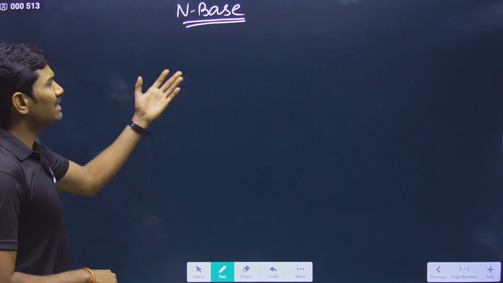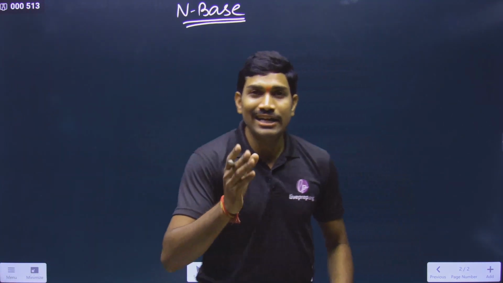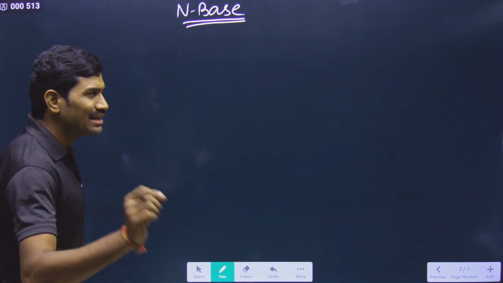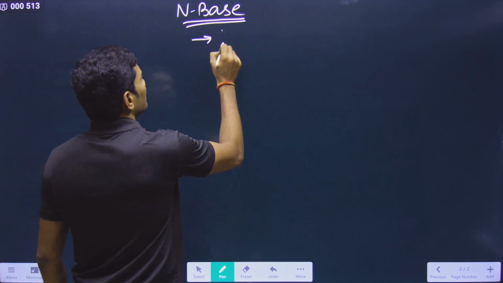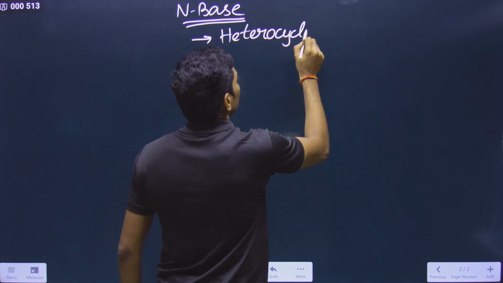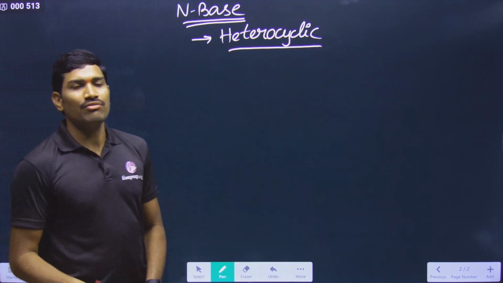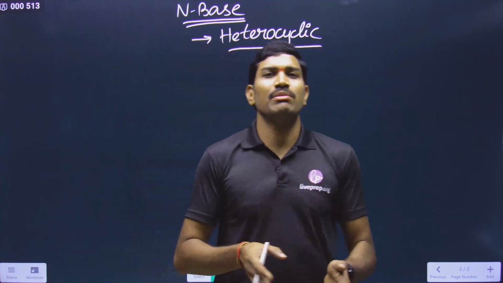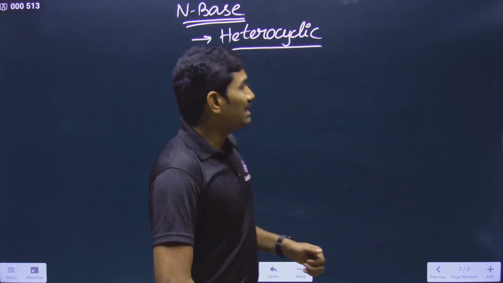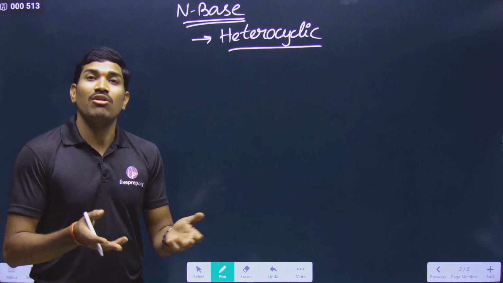Nitrogenous bases. Mainly these are nitrogen containing compounds. These are actually heterocyclic compounds. If you are clearly recollecting the biomolecules chapter, there they have given that these nitrogenous bases are heterocyclic compounds. Generally, in organic compounds, carbon will be present in those rings. But here, along with the carbon, nitrogen and oxygen are present.